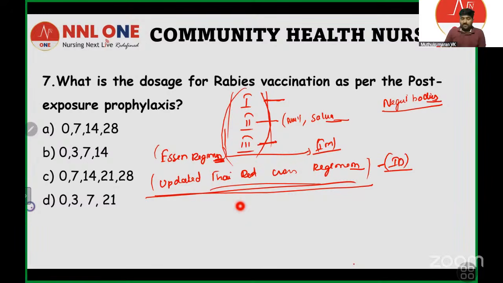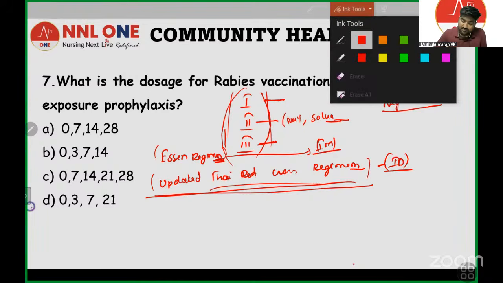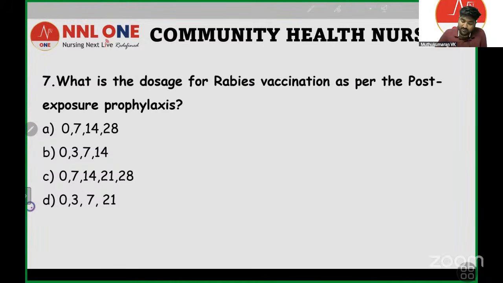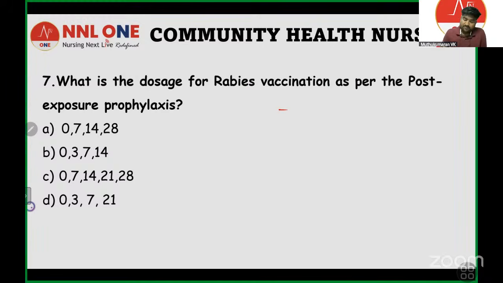Now we are going to discuss the important things of the Essen regimen and the Thai Red Cross regimen. Be cautious, I am going to give you only the key points. First, the Essen regimen.